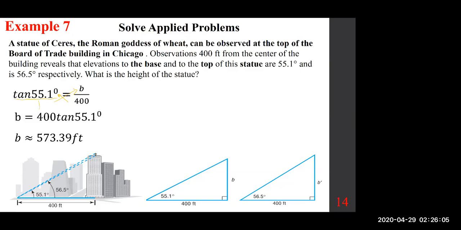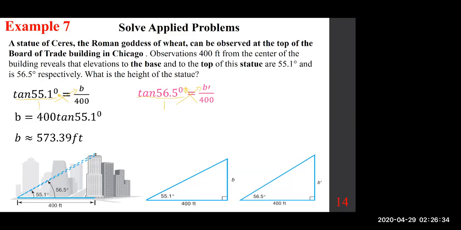Now we do the same thing using tangent of 56.5 degrees. This time we call it the new height, B prime, over the base 400. Base or adjacent, if you will. And again, it's the same cross product that you've seen.